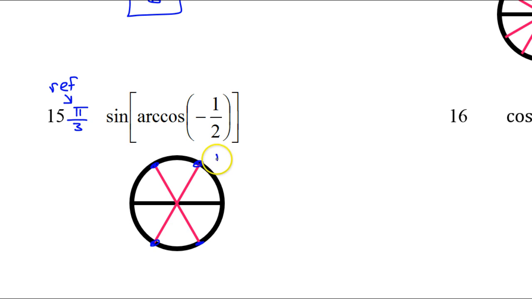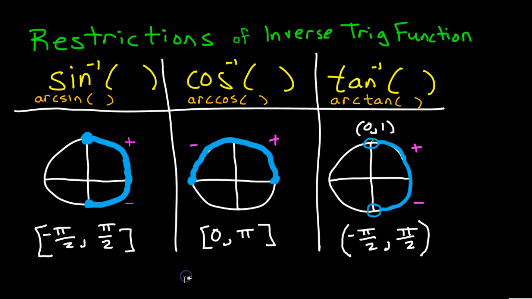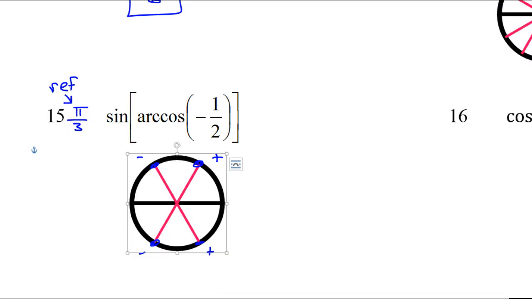But cosine is positive on the right side and negative on the left side. However, inverse cosine is only defined for the top half of the circle because of range restrictions. So I can forget about these two down here at the bottom. Now if I want negative 1/2, I've got to go with this one.